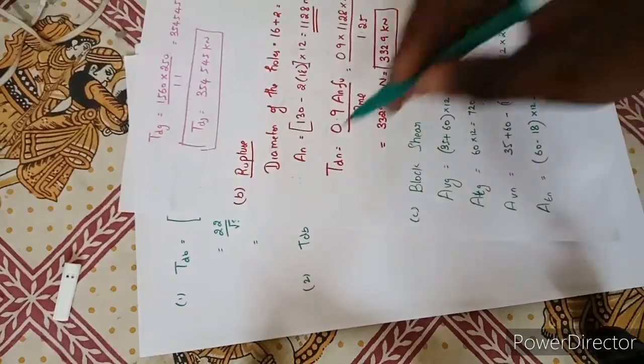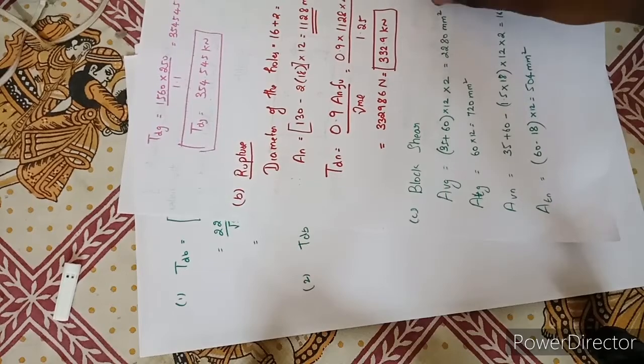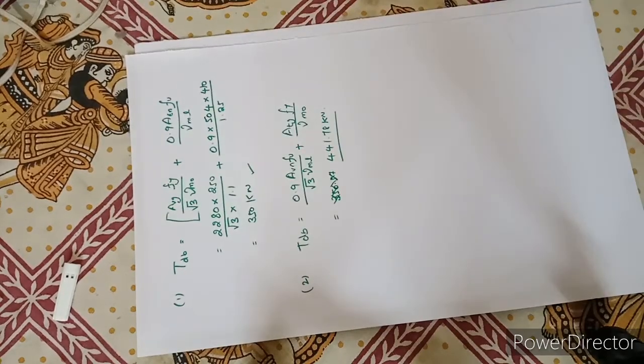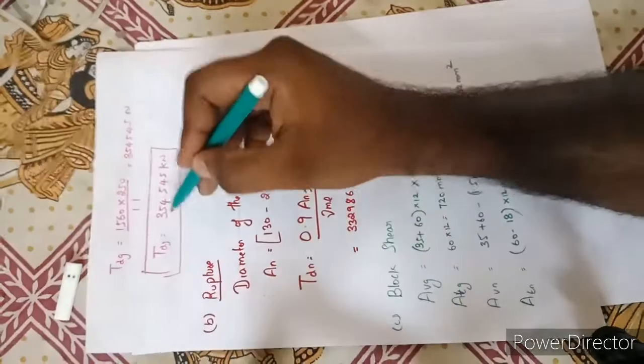kilonewton. Block shear, rupture gives 332, and yield gives 354.